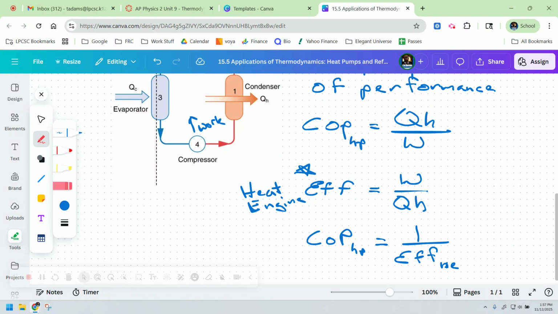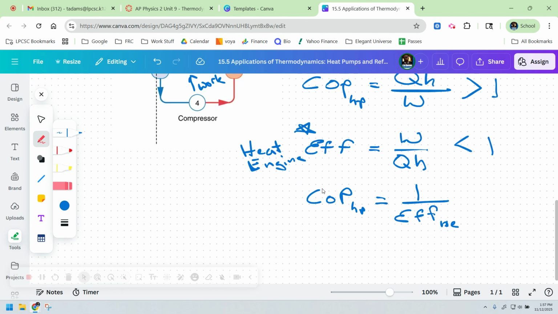And since the efficiency of any heat engine is less than 1, that means that the coefficient of performance of a heat pump is always greater than 1. So this is always greater than 1, and this is always less than 1, right? Does that make sense? Okay, because we're reciprocating that.